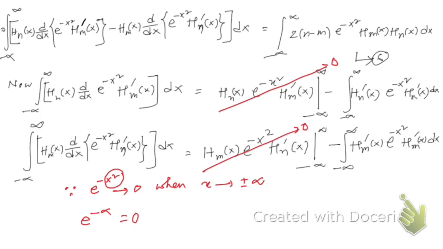Here you see we have x square, so if you put positive infinity or negative infinity, in both cases that gives you positive infinity, and we have a negative sign here, so that's going to be negative at the end, right? So e to the power minus infinity is 0. If that is the case, then these two terms will be 0, right? Hope you have understood this.